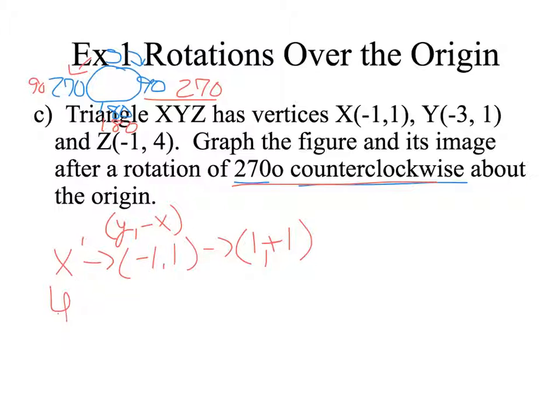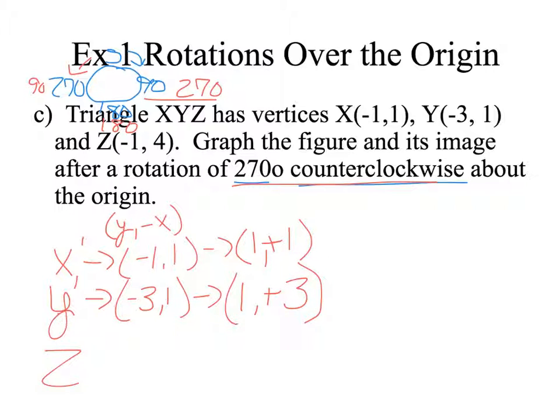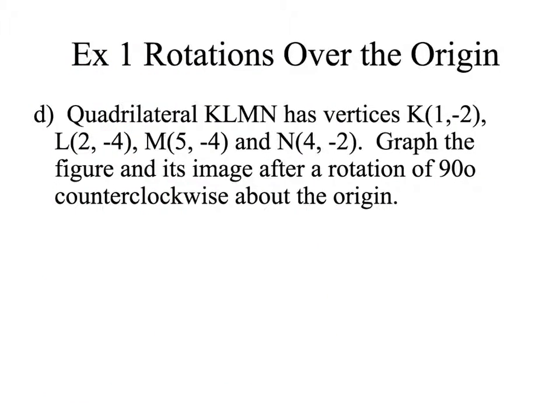We then have Y, which is negative 3, 1, and Y prime. So we're going to flip the 1 and the negative 3. Because the negative 3 is my x value, it's going to become positive because I need to change the sign. Z, negative 1, 4. So Z prime, we're going to get 4, negative 1. That negative 1 will become positive 1 when we change the sign.